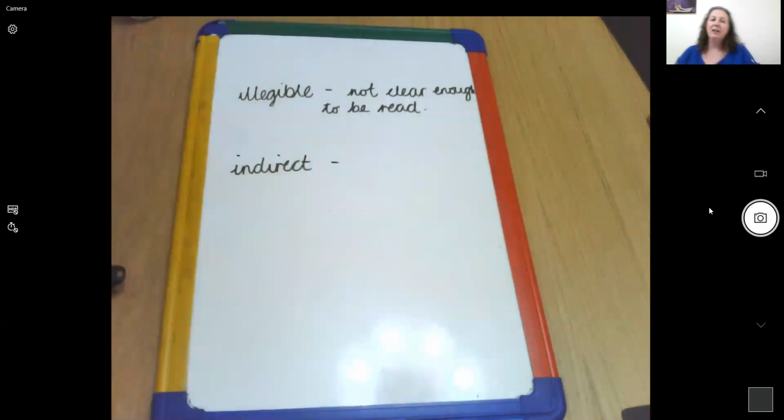And what I would like you to do now is to add the new meaning, because obviously if we've added that prefix, we are changing the meaning of the word. So we need to write a new meaning. If direct meant that you could go straight there, it got you straight to the point, there were no turns, then if it's indirect, it means that it doesn't go straight there, or it makes several stops or turns on the way.